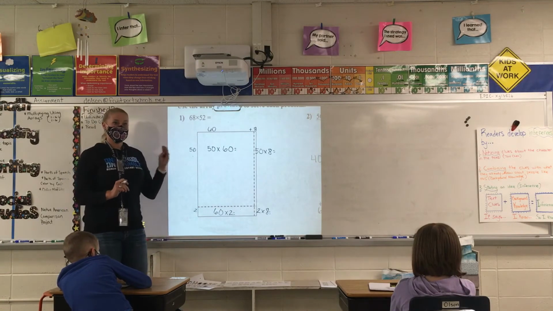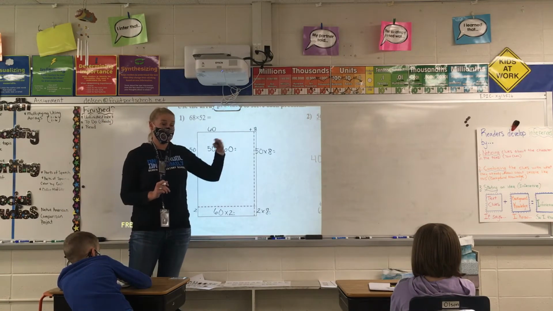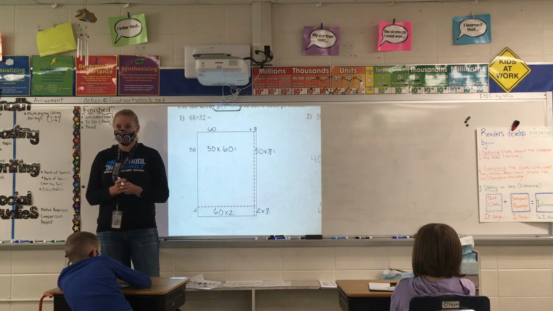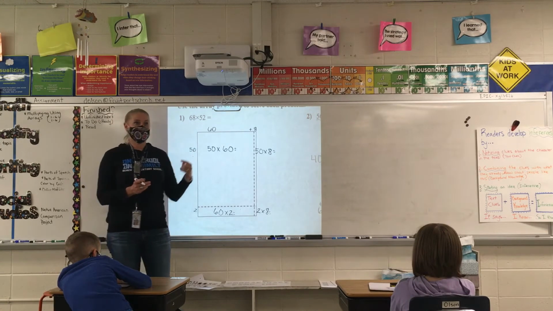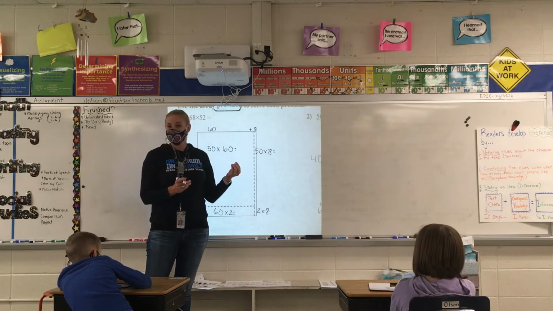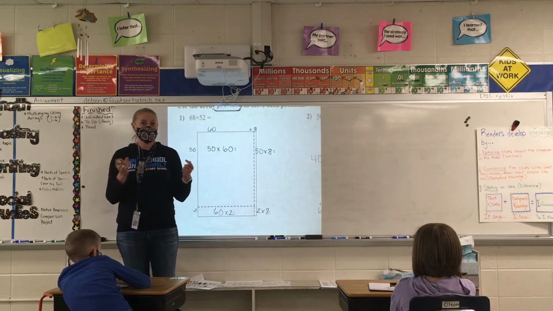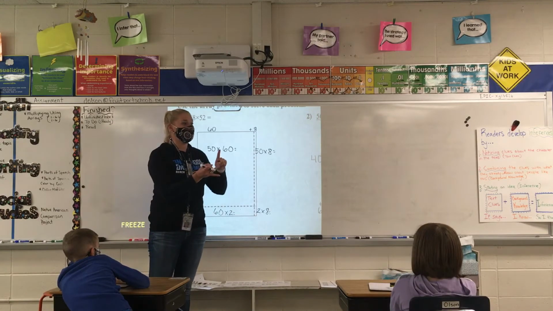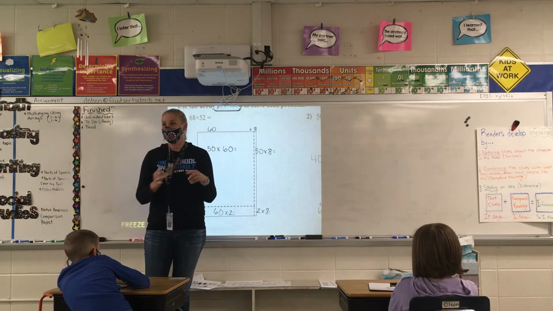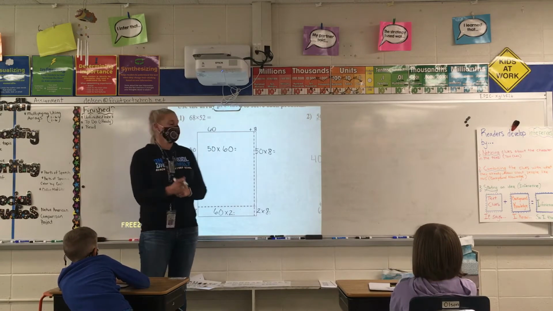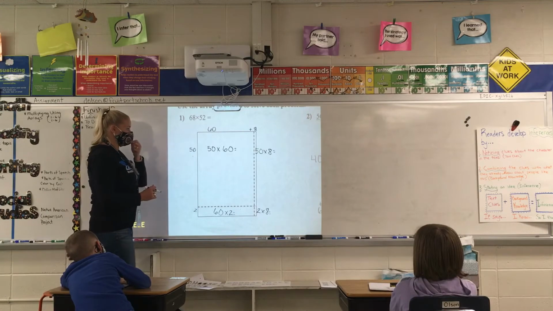Now, the last couple days before yesterday, we were working on multiplying multiples of 10. When we did that, we identified the digit that was not a 0, and then we looked at how many zeros we had to determine if it was going to be 10 times bigger, 100 times bigger, 1,000 times bigger, and we accounted for each 0 to hold the place value. Okay? Same thing applies when we're doing area model.